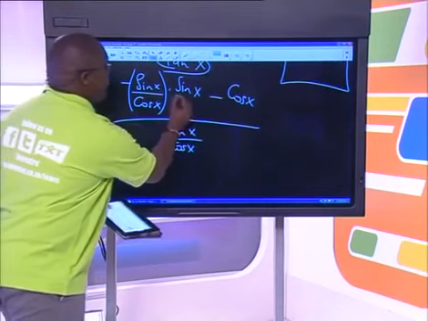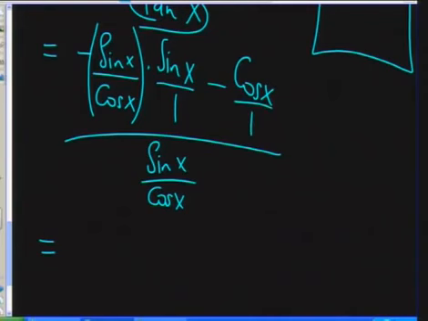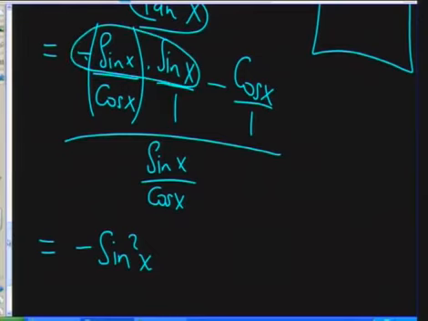Okay, so remember this is sine over 1, cos over 1. Now, negative sine times sine will give us negative sine squared. That's what we're going to get by multiplying these two. We'll get a negative sine squared, and our denominator is cos x.